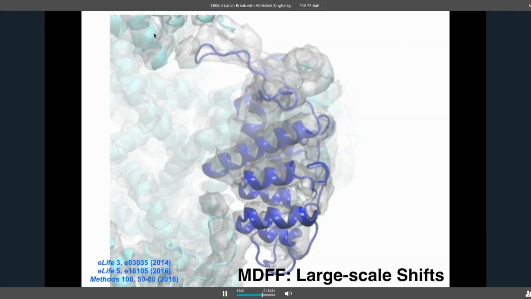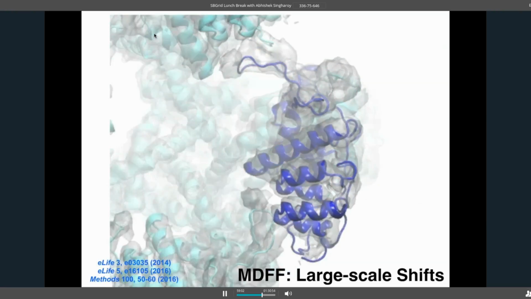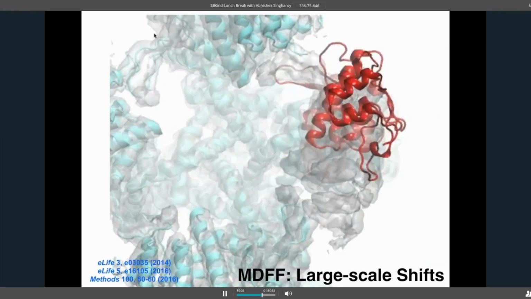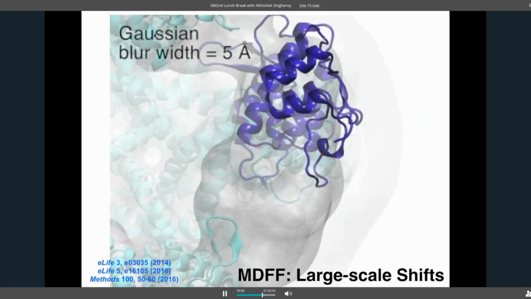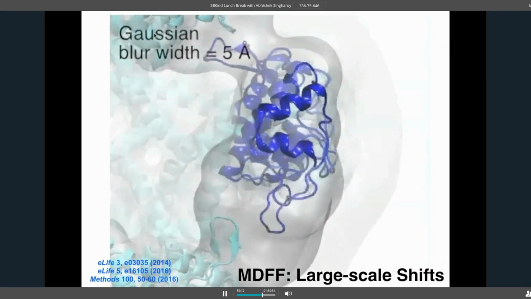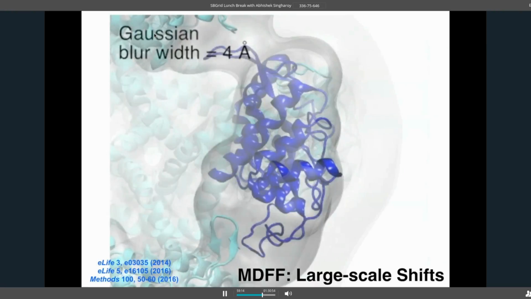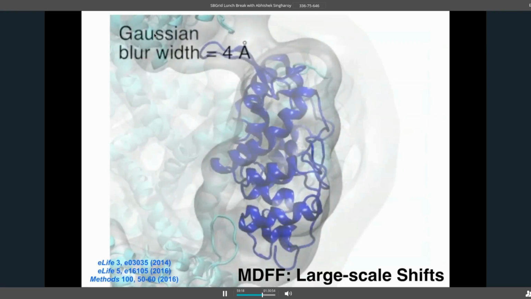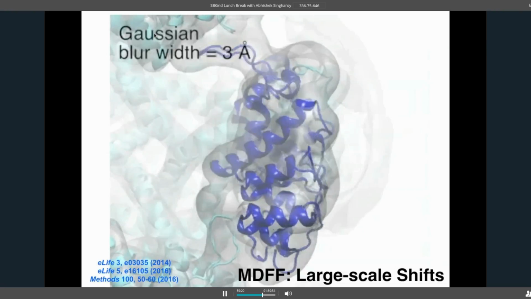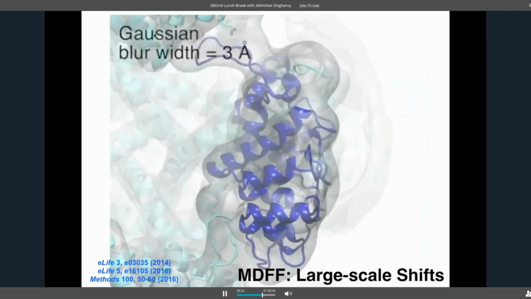In order to overcome that problem, we have come up with this idea of cascade molecular dynamics, which was the movie that you just saw. You start out with a density that is washed out, with very little information, just the overall architecture, and then you gradually refine this density. This provides us with a very high radius of convergence.